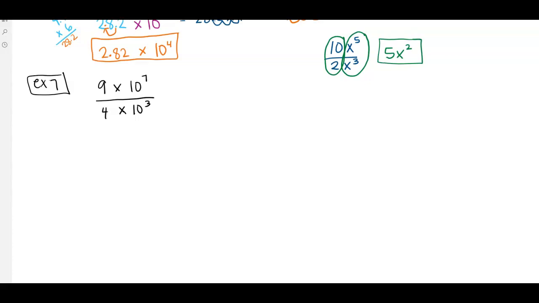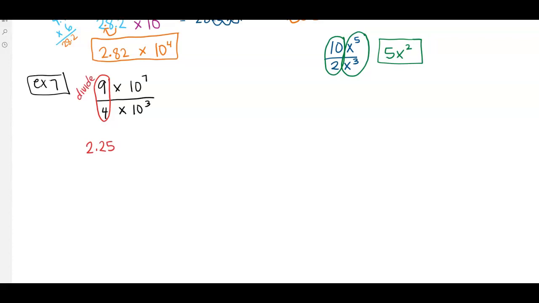So we're first going to start off by dividing those two out. So in your calculator, what's 9 divided by 4? Because I want it as a decimal, not as a fraction. 2.25. Yeah, so 2.25. So I'm just dividing that.